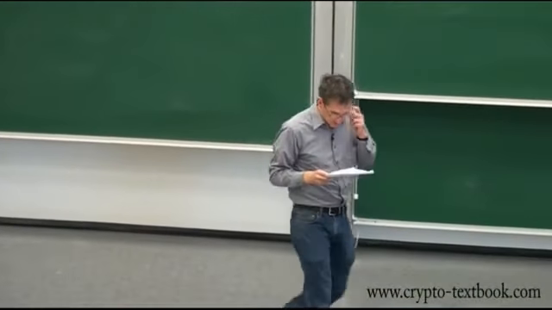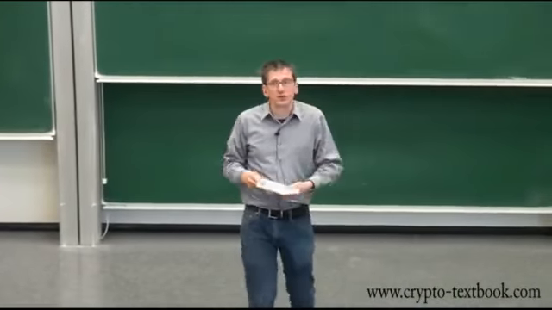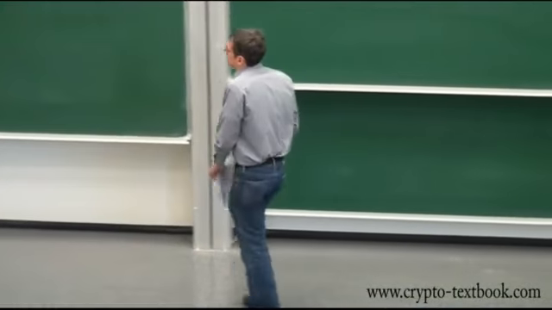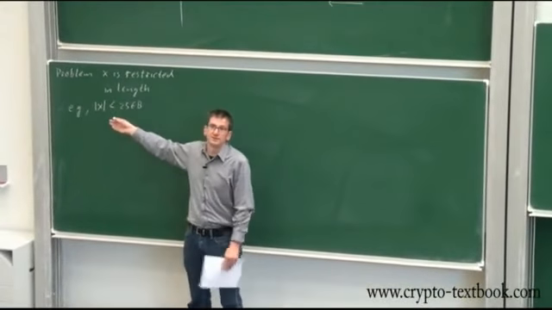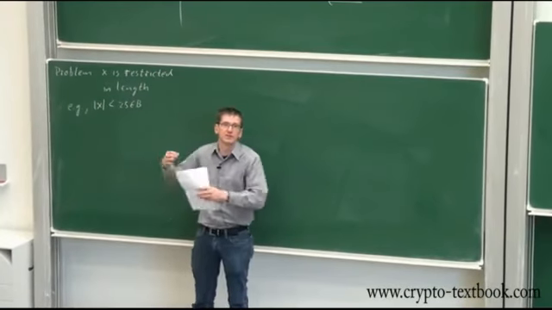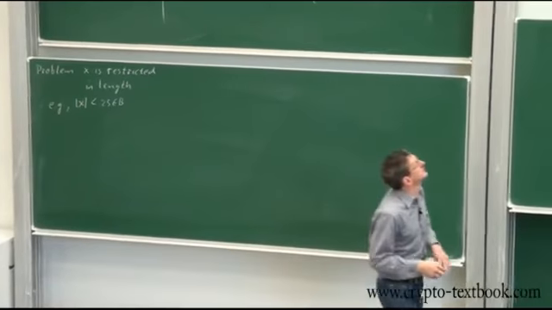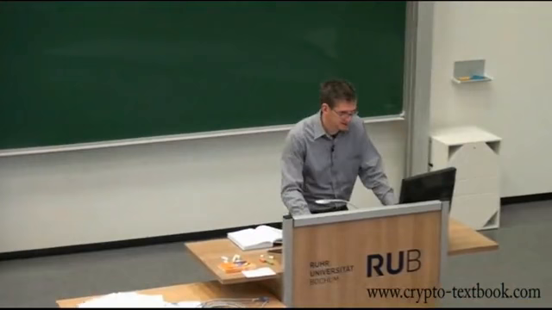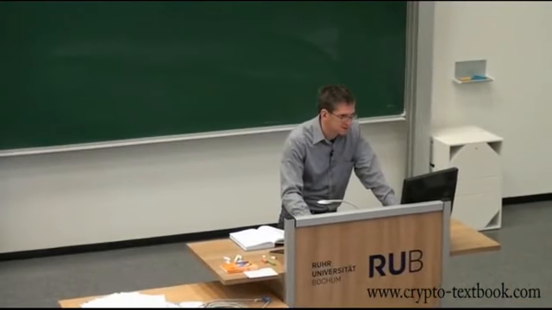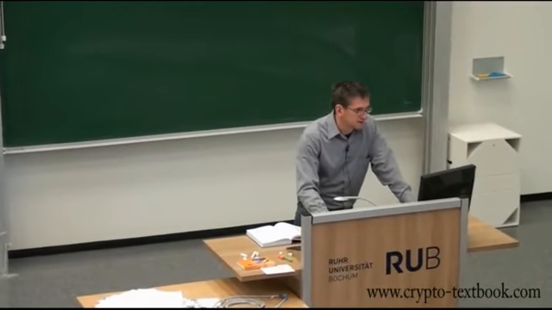This is pretty annoying. So what do we do? Let's say we have a message of 1 kilobyte. So let's say 4 times this length. What would we do? Probably the ad hoc approach for signing is the following.